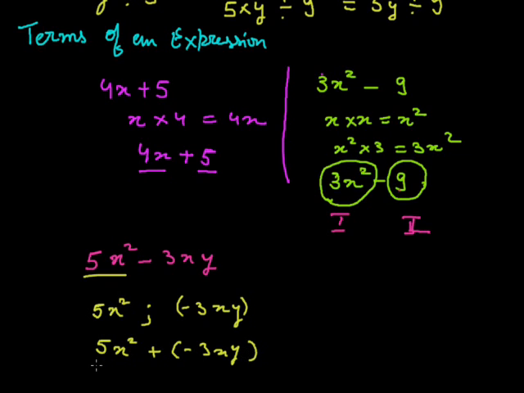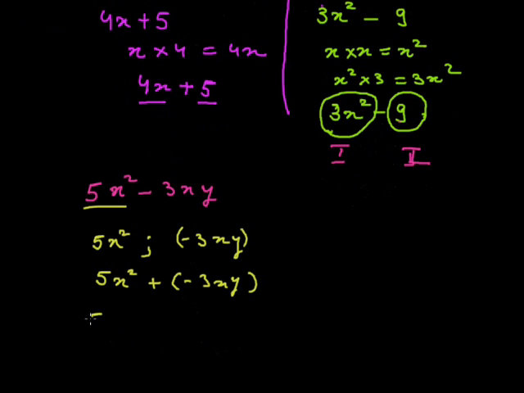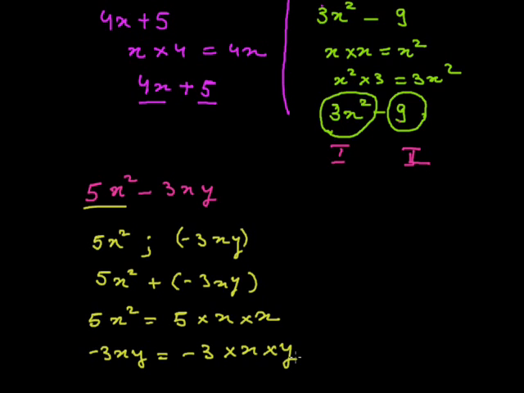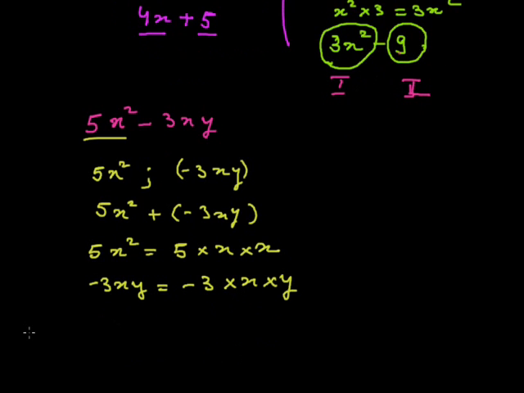In this expression, the first term, 5x square, is obtained by multiplying 5 with x square, and minus 3xy is obtained by multiplying minus 3 with x and y. Now when we have formed these two terms, then we have added these two terms to get an expression, that is 5x square minus 3xy.